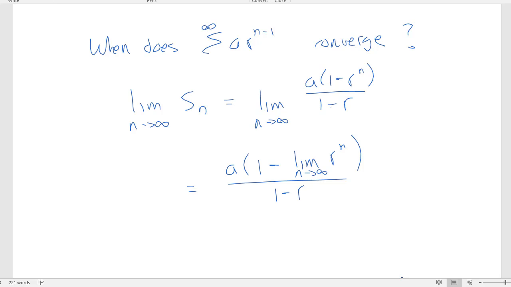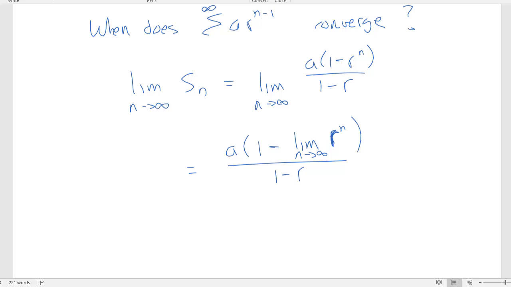So how does r to the n behave? Well, in the prior video for 11.1, we made the connection to exponential functions, like we talked about a couple minutes ago. So when the base of the exponential is less than 1, this will go to 0. And when the base is bigger than 1, this will go to infinity.